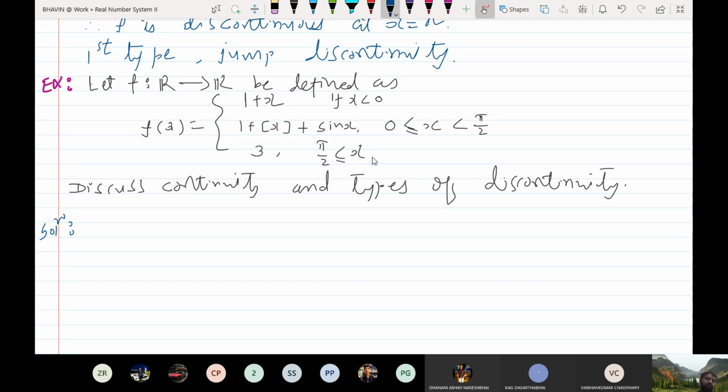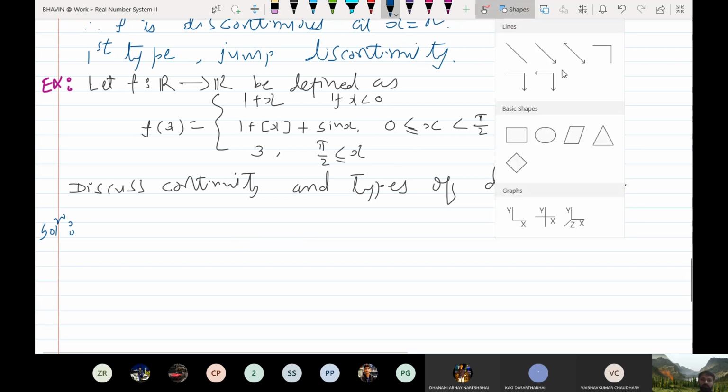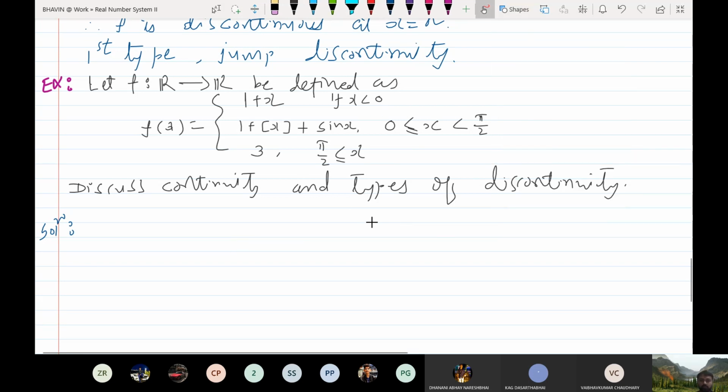See, if your x is less than 0, so this is the situation. So this is 0. If x is on this side, then the function has value x plus 1. This is a straight line, so it is continuous. So for negative x, f is continuous.